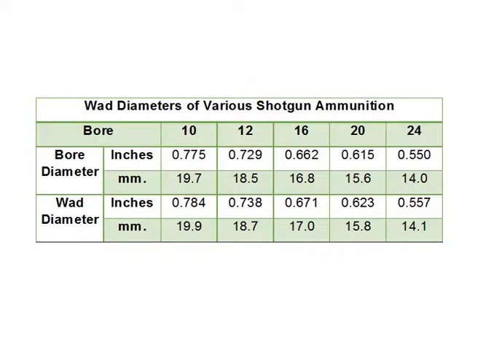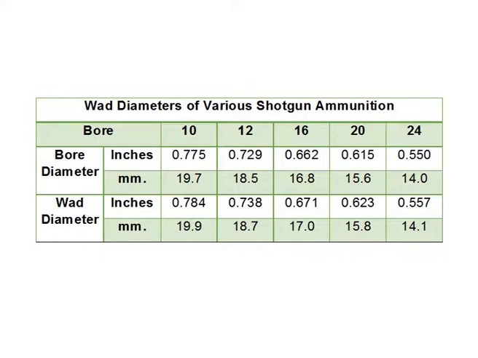For 16, the bore diameter is 0.662 inches and 16.8 millimeters, while wad diameter is 0.67 inches and 17 millimeter respectively.